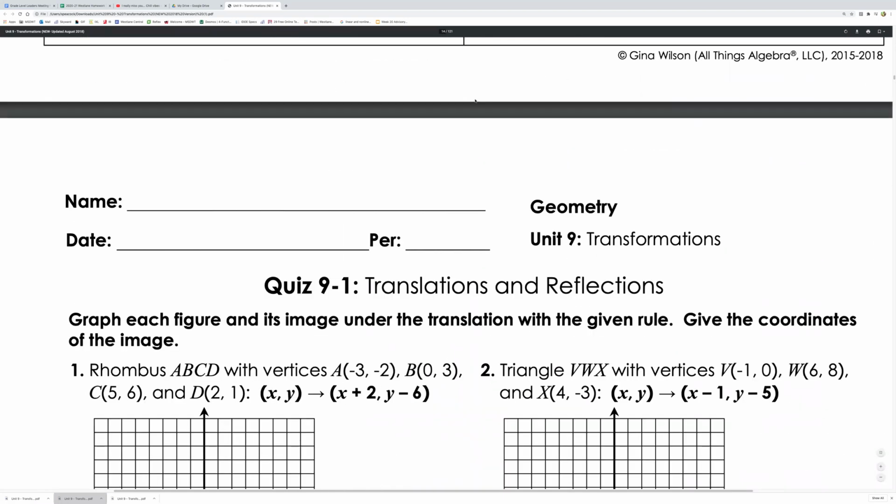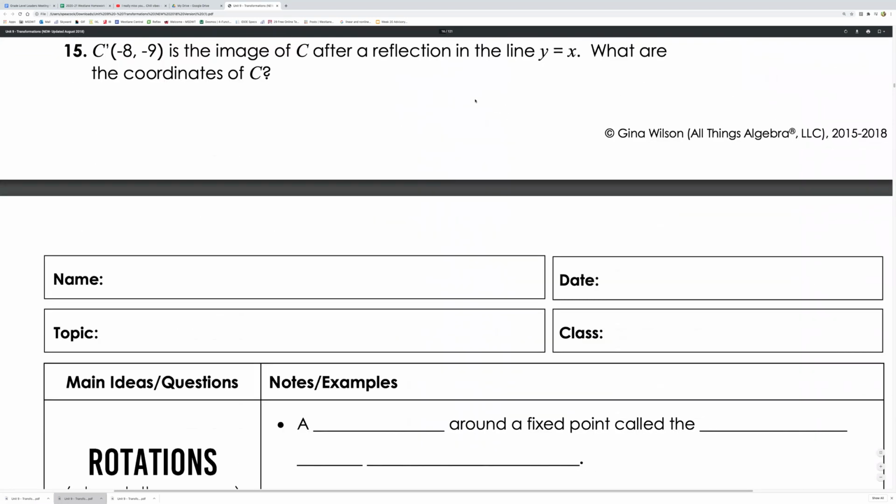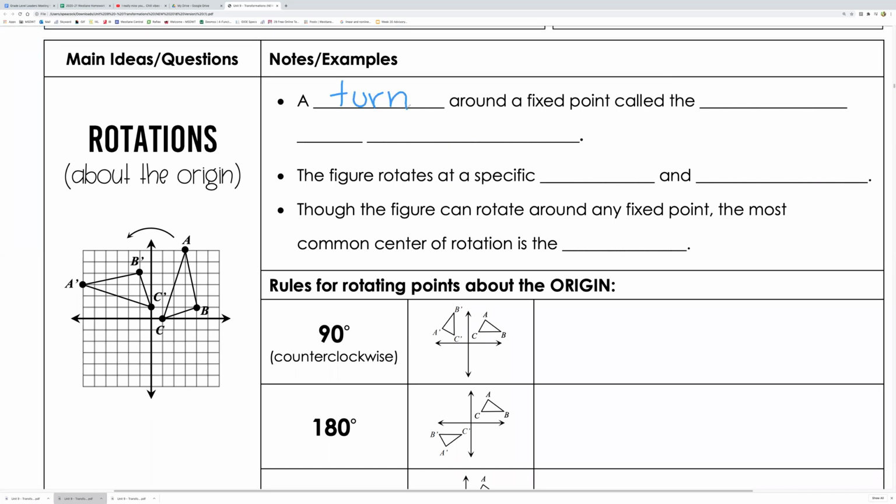Okay, the next thing we are gonna do is we are going to go over rotations, which we actually haven't talked about yet. So this is the new topic for today. Okay, so rotating is a turn around a fixed point called the center of rotation.